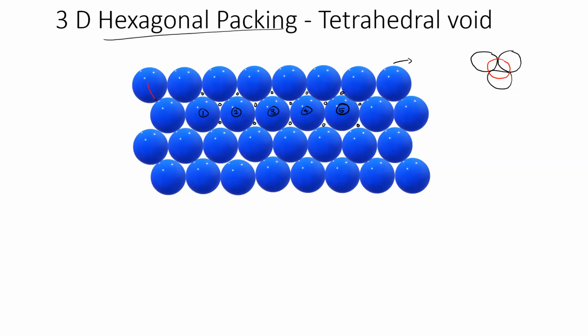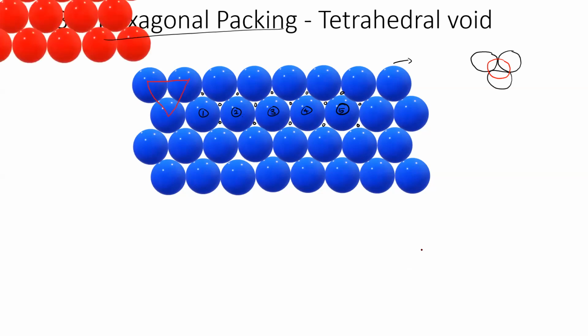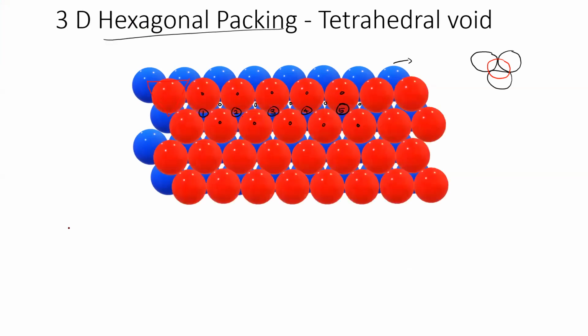Suppose you consider this a first atom, second atom, and third atom, and on top of this I'm going to place one more atom. Just look here. If I'm placing like this, one red color atom is placed like this. Okay, is that clear? Same arrangement.